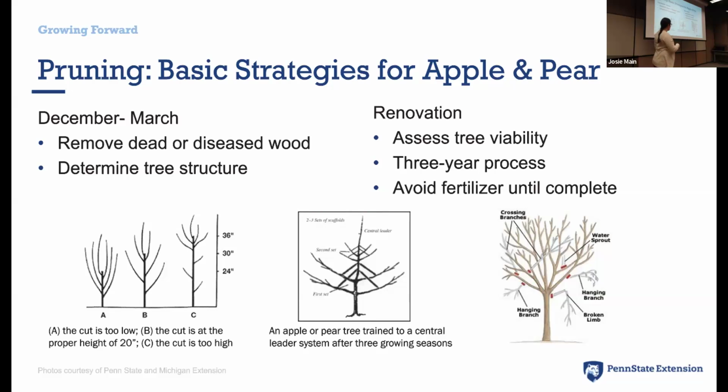This picture's exaggerated. You don't want them to be completely open, but you want it to be open enough that there's no compression of the bark happening, because that can cause weakening. There can be water collection, things like that over the lifetime of the tree that can really damage it.